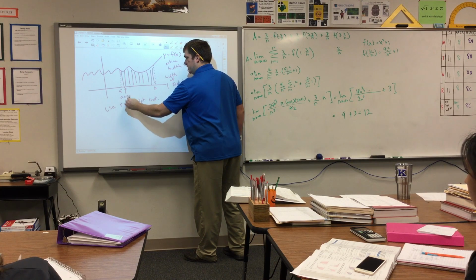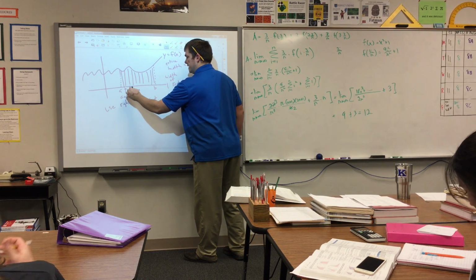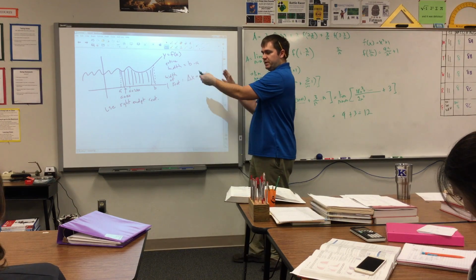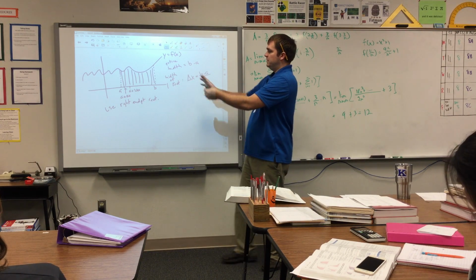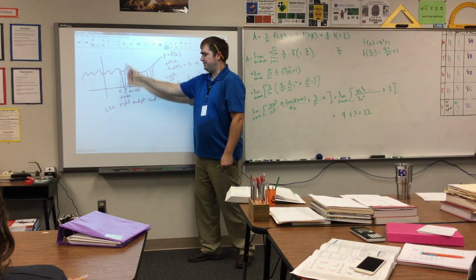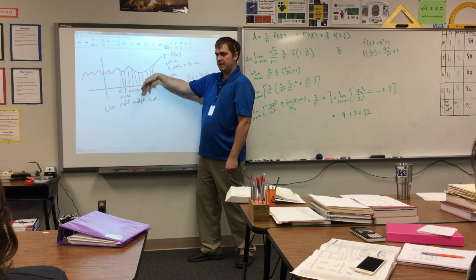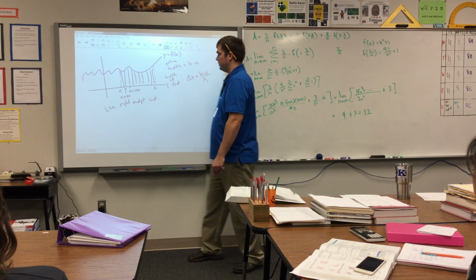Our second point is going to be a plus 2 delta x. The third one is going to be a plus 3 delta x, and so on and so forth. And our function values, our heights, are going to be f of a plus delta x, a plus 2 delta x, a plus 3 delta x, and so on and so forth.